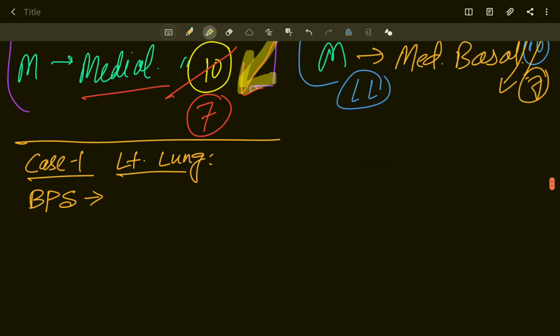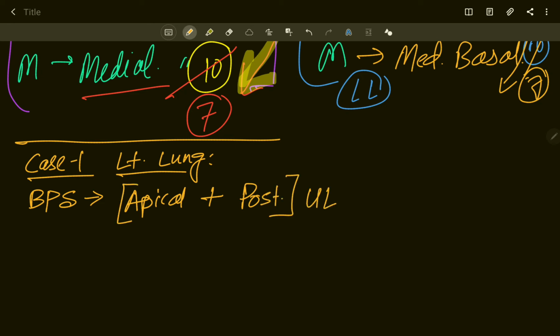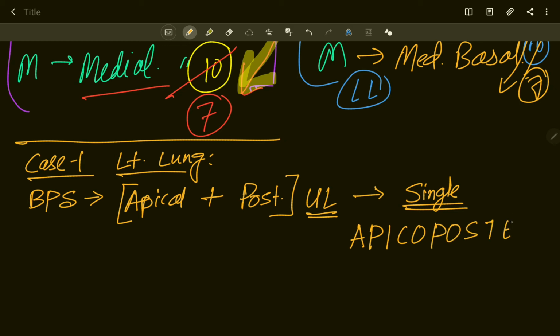So the apical and posterior bronchopulmonary segments of the upper lobe of the left lung are fused with each other and form a single segment, which is named apico-posterior segment.